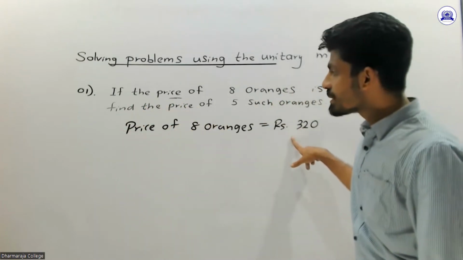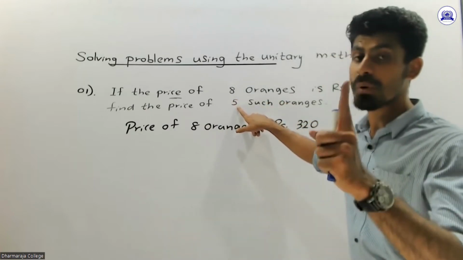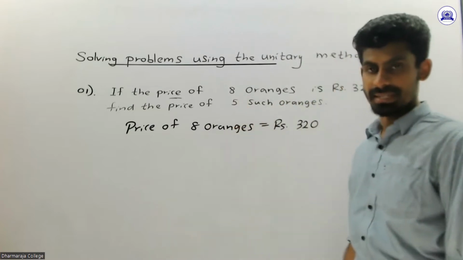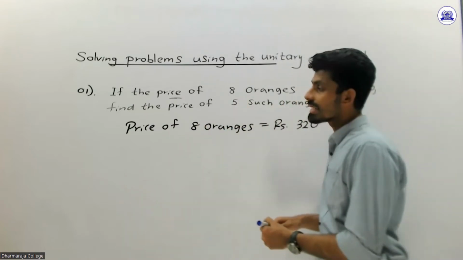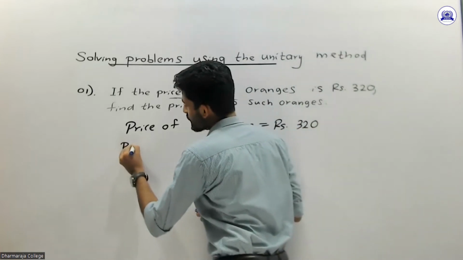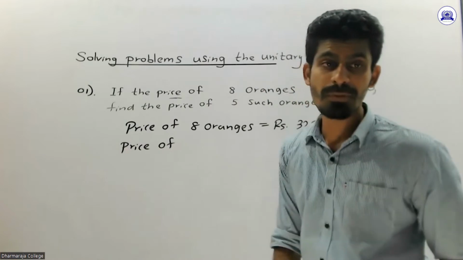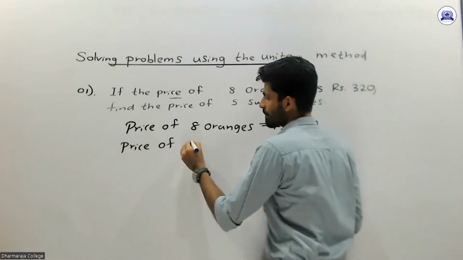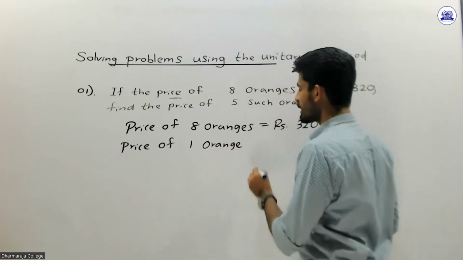But we need to find the price of 5 such oranges. So we need to find 1. 8 oranges equals 320, so I'm going to find the price of 1 orange.